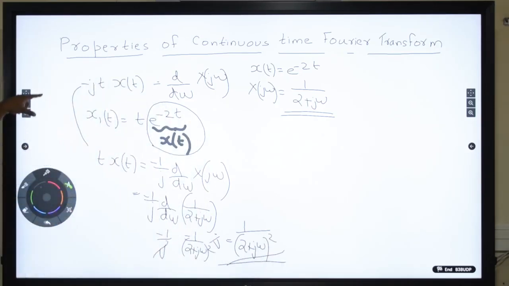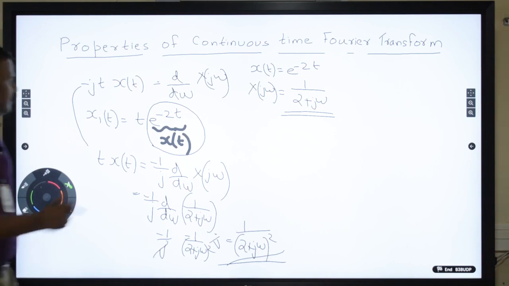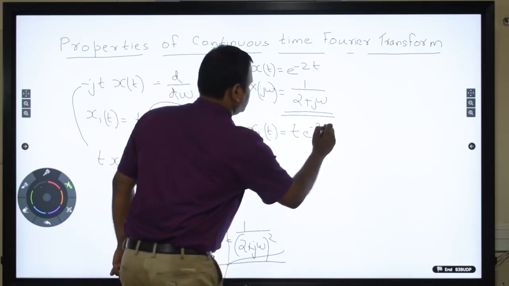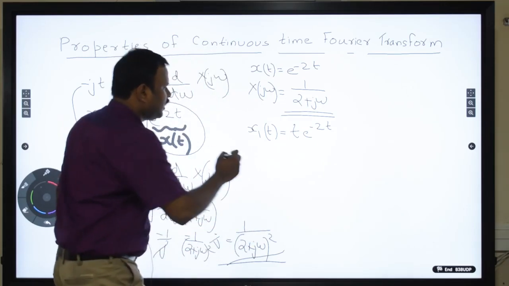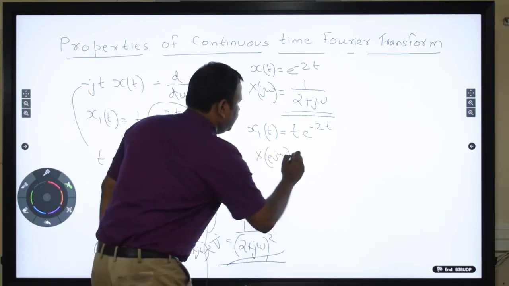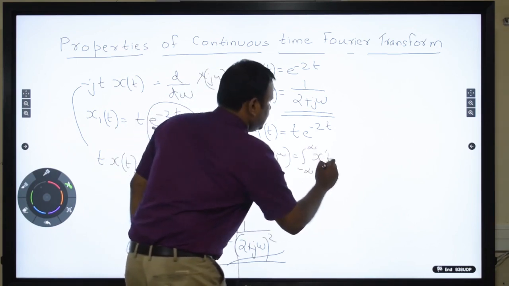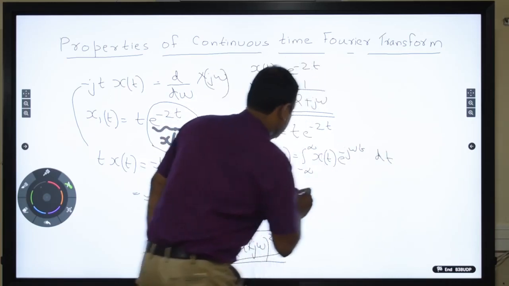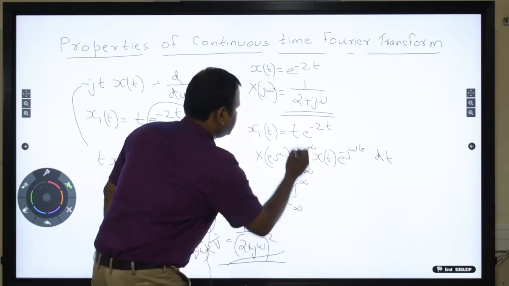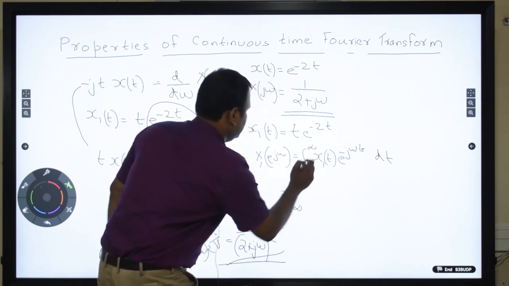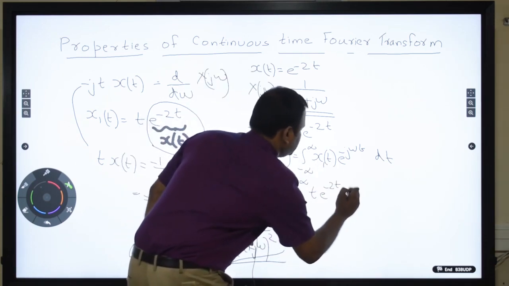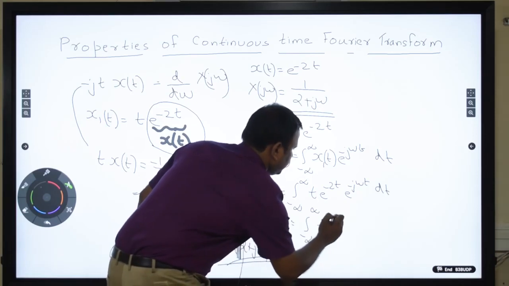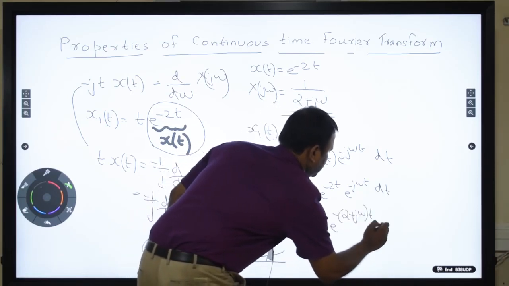So, now we have solved this problem using the property. Usually, if we have a signal x1(t) equal to t e to the power minus 2t, the natural way of solving is applying the Fourier transform: X(j omega) equal to the integral from minus infinity to plus infinity of x(t) e raised to minus j omega t dt, which here is the integral of t e raised to minus 2t e raised to minus j omega t dt, equal to the integral of t e to the power minus (2 plus j omega) t.